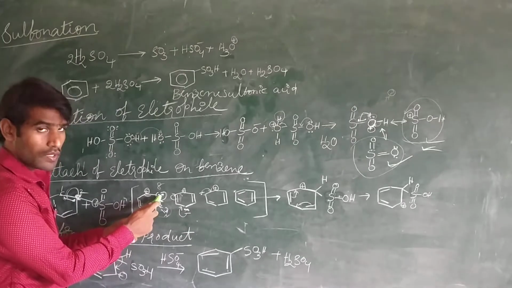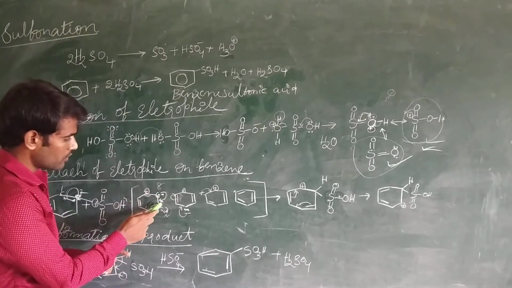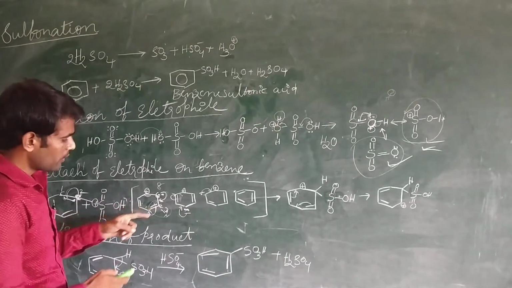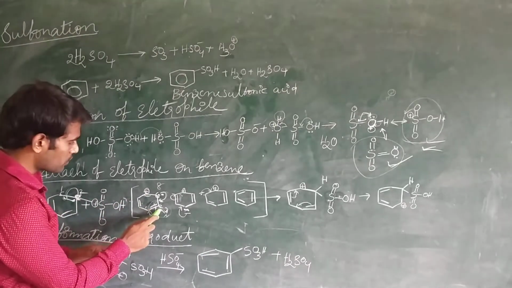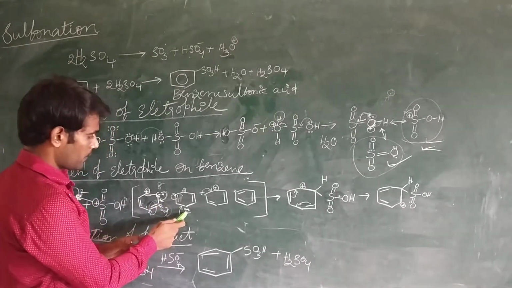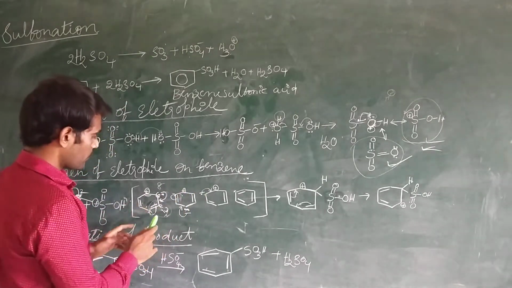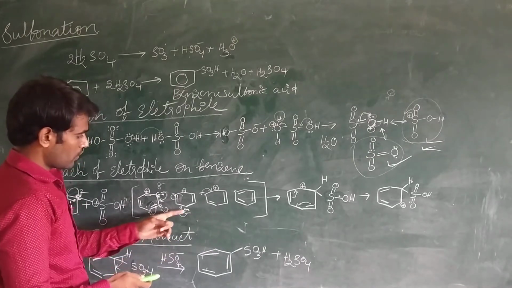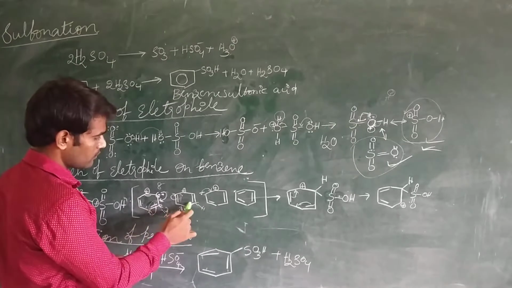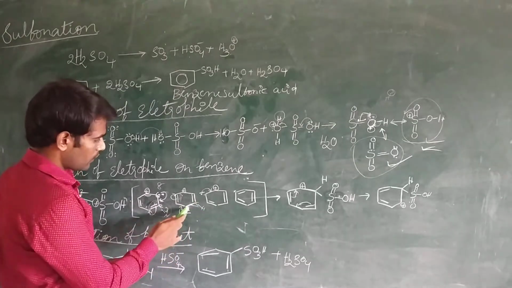Now the electron density moves from the second to the third carbon, and the third carbon pushes its electron density from the third to the fourth carbon. Like that, every carbon is getting an octet. Now this carbon is stable and this carbon is also stable.